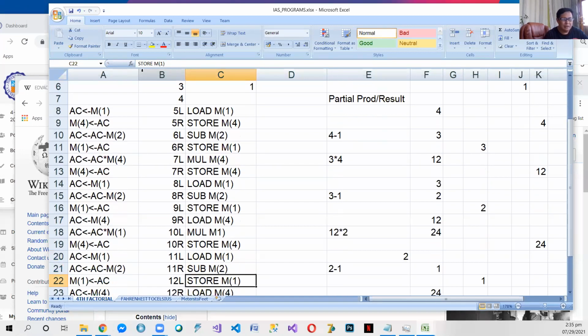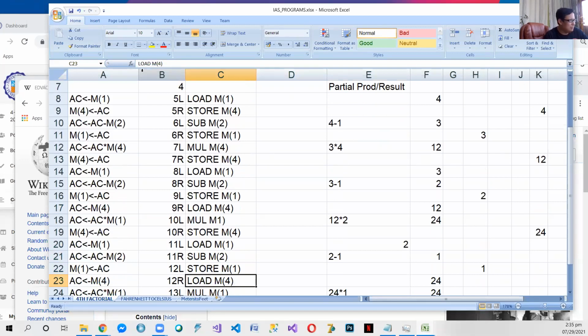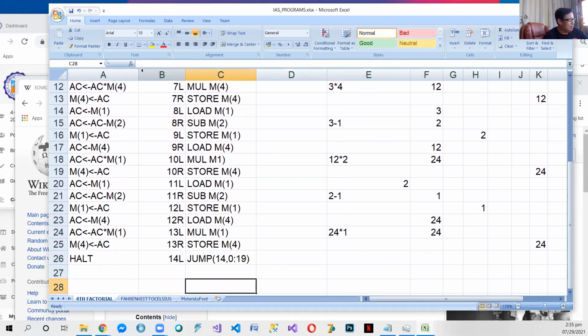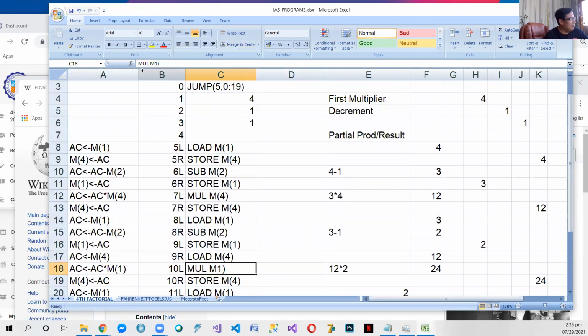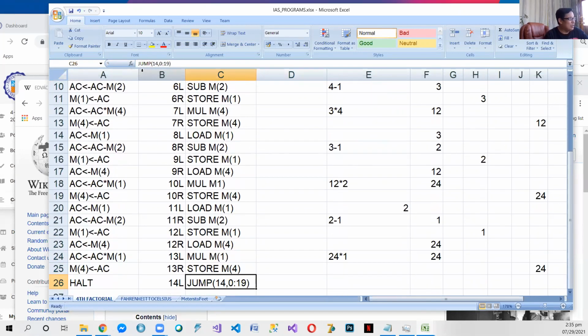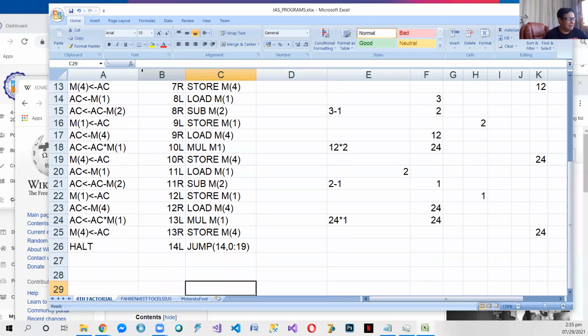If you have done JavaScript or Python, it's much easier. But if you're doing assembly language, you have no such convenience, because we will have a lot of load and store of machine language. Do you follow?